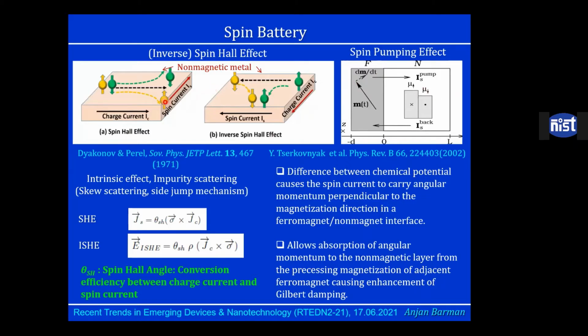What is spin Hall effect? As I showed before, if you have a heavy metal or non-magnet, it generally does not occur in a ferromagnet. In a ferromagnet, you have an anomalous Hall effect.